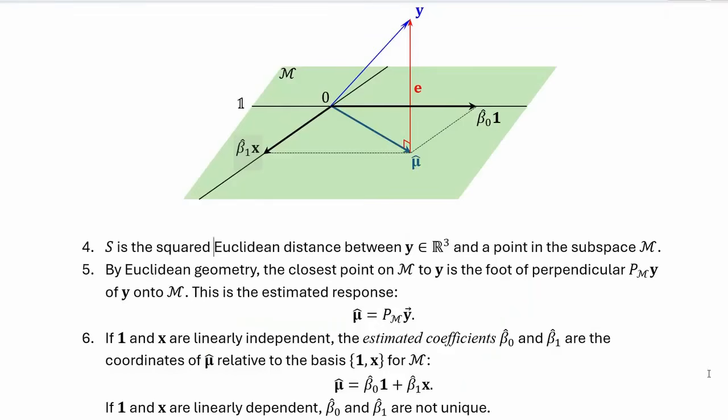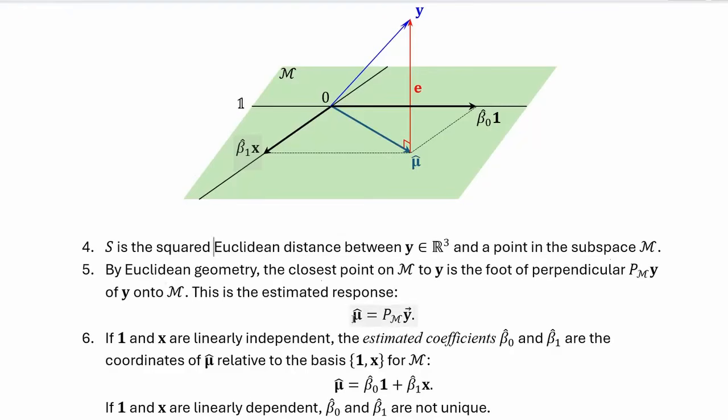To summarize, S is a squared Euclidean distance between y, a point in R3, and a point in the subspace M. By Euclidean geometry, the closest point on M to y is the foot of the perpendicular, P_M y, of y onto M. This is the estimated response, mu hat.